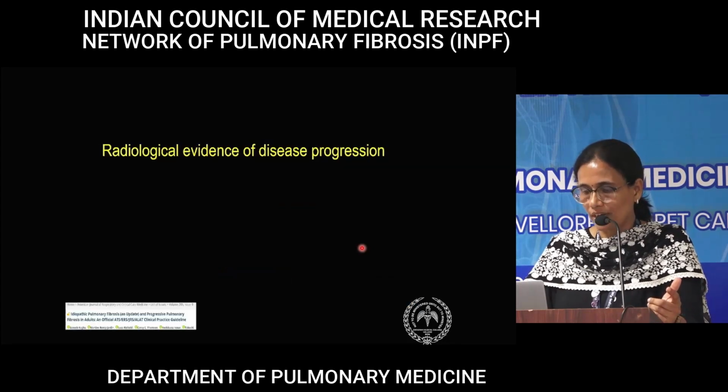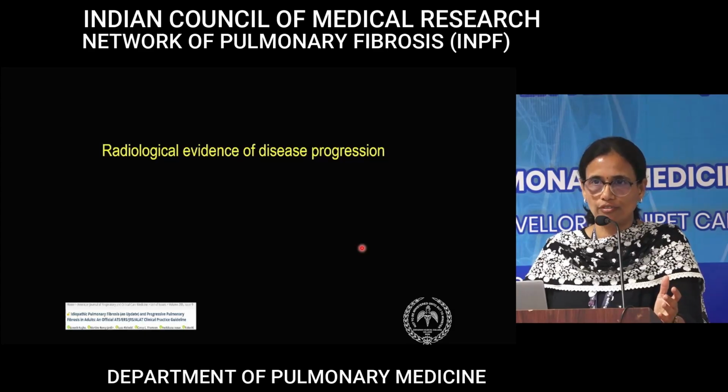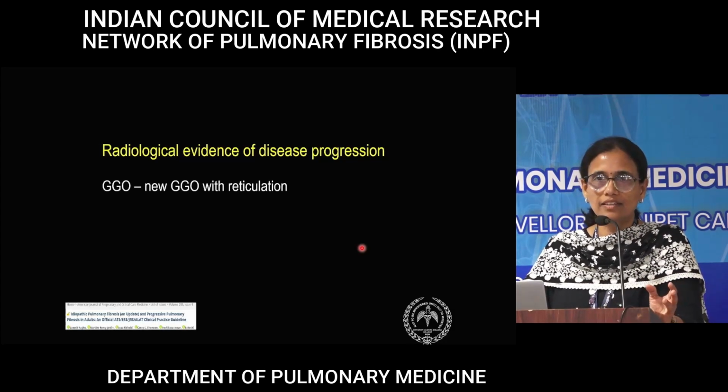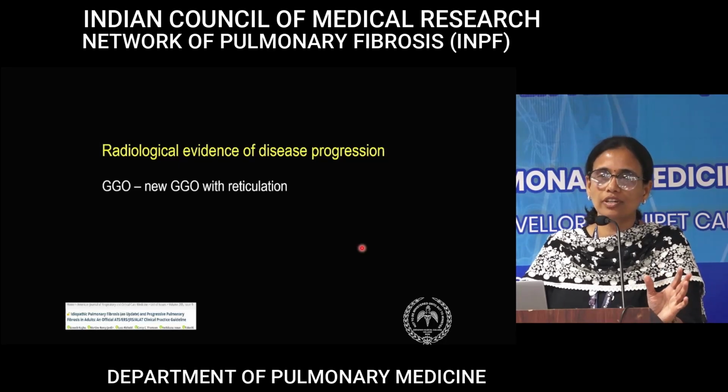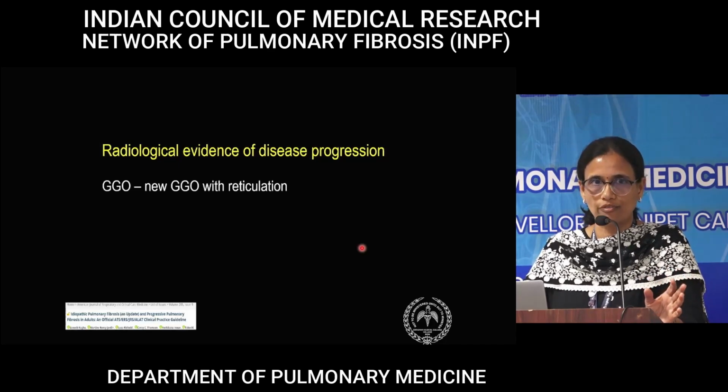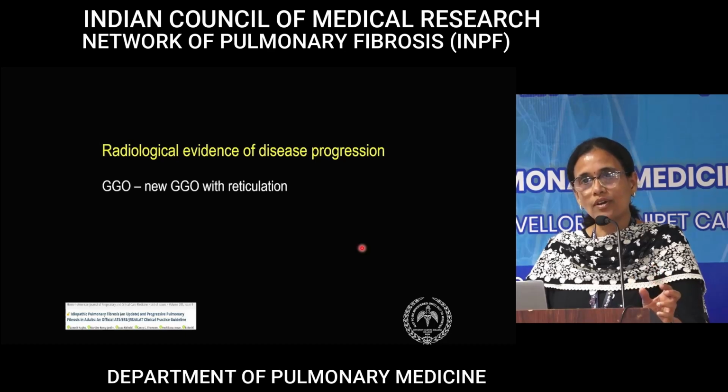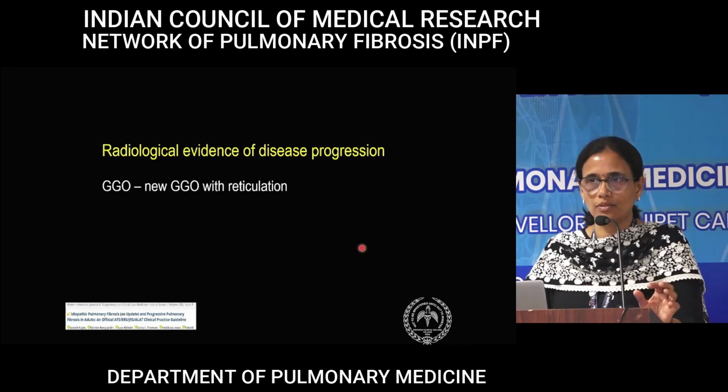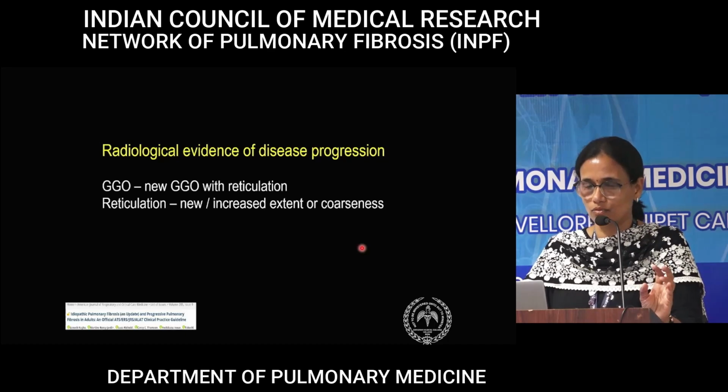So let me say what are the radiological evidence of progressive fibrosis. One is, if there is just presence of ground glass density, it does not say progressive fibrosis. New ground glass with reticulation or with traction bronchiectasis, then only we can, that is one of the signs of progressive fibrosis.